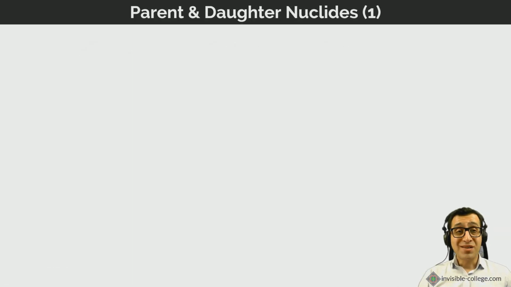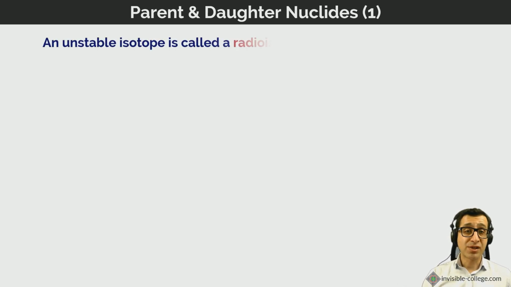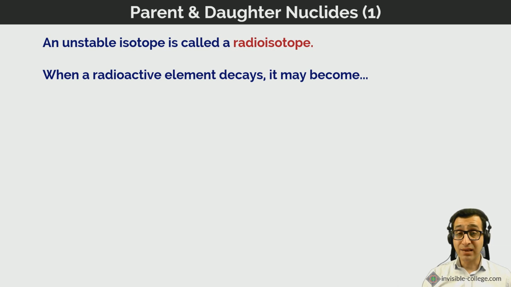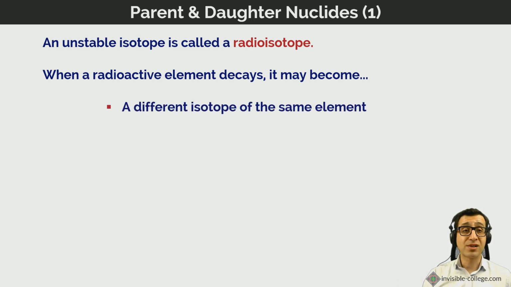So again, an unstable isotope is an isotope of an element, an atom of an element, which has an excess nuclear potential energy. Sometimes these are called radioisotopes because they are radioactive. So when a radioactive element decays, it can in fact become either a different isotope of the same element or an atom of a completely different element altogether.